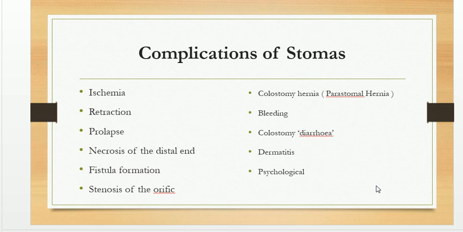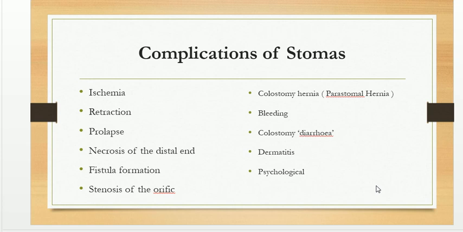Another very important complication of stoma is parastomal hernia. A hernial sac is formed at the skin opening, around the part of the gut which comes out as stoma. So parastomal hernia is another complication of stoma formation.